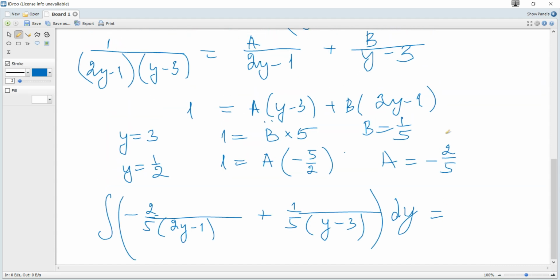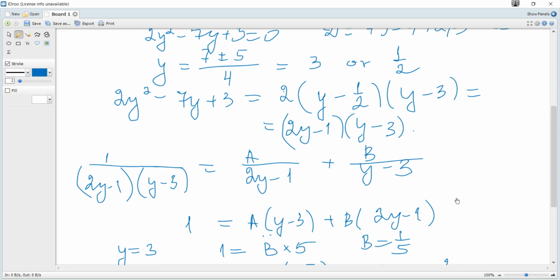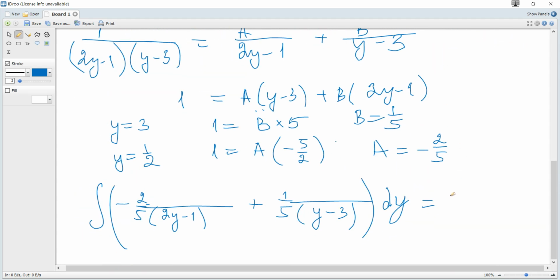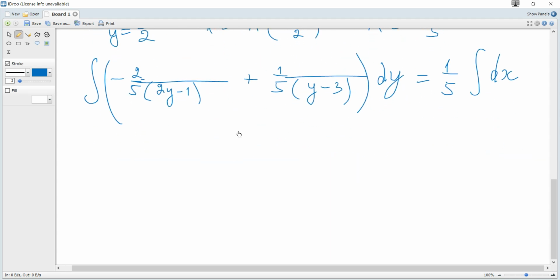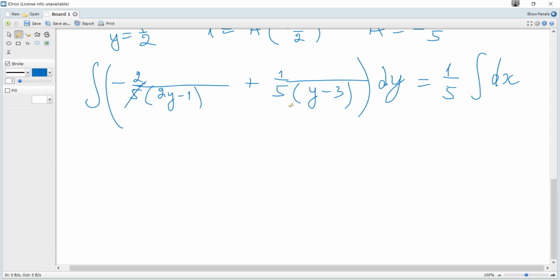you can see that we can multiply each term by 5, so it becomes 1 over 5 integral of dx, and actually we can integrate both sides.